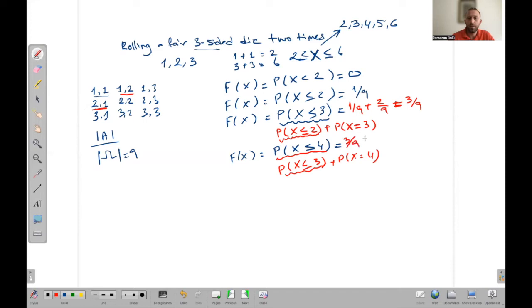Plus, what is the probability of x equal to 4? Let's check the subsets. I think this one, this one, and this one satisfy this equality, right? So I have 1, 2, and 3. So 3 over 9, and the total is 6 over 9, right?